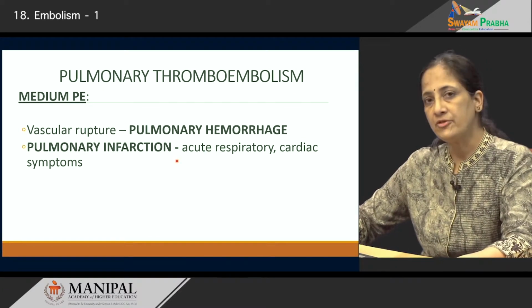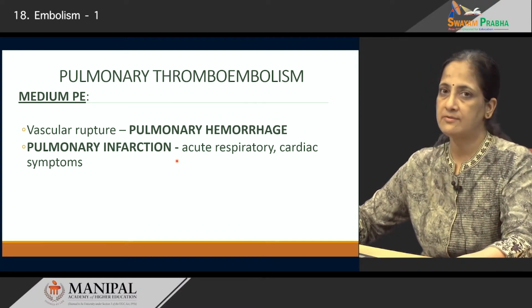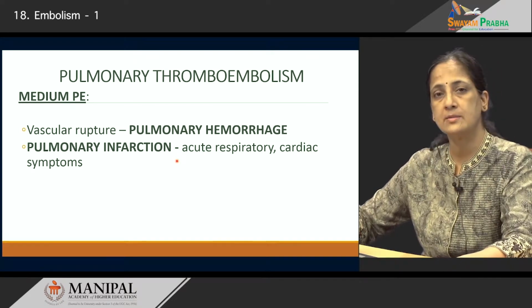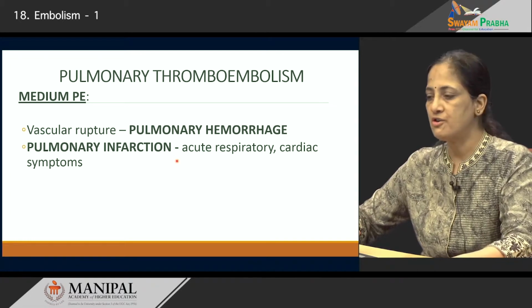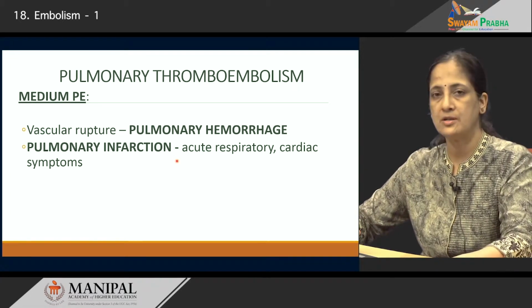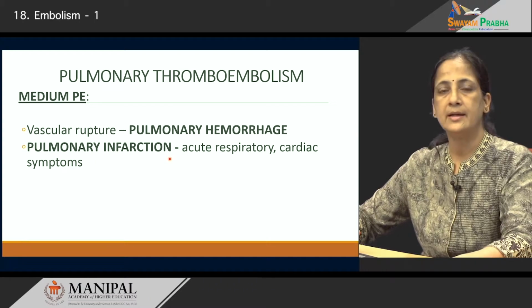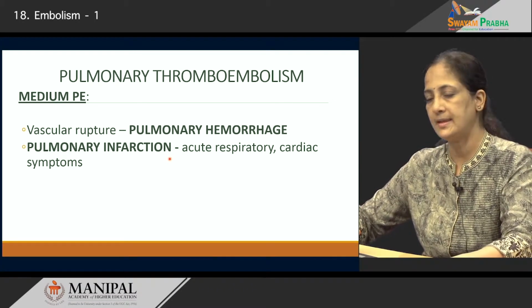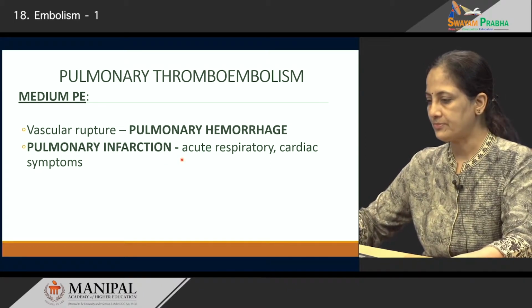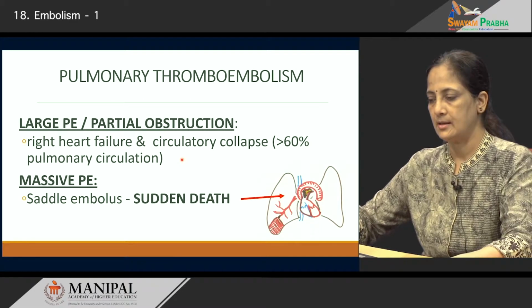However, if a patient has congestive cardiac failure or is a subject of chronic lung disease, then blockage of a medium-sized vessel by such an embolus may result in infarction of the pulmonary parenchyma supplied by that vessel. So, pulmonary infarction results in such cases.